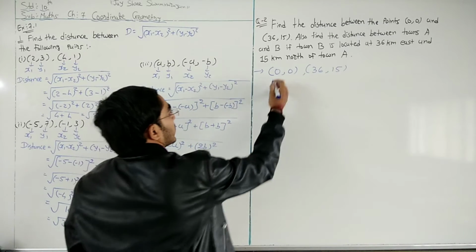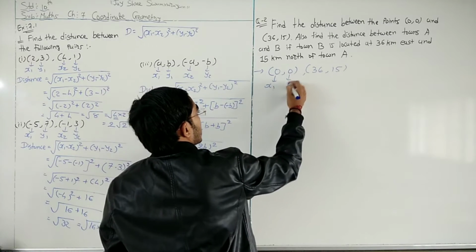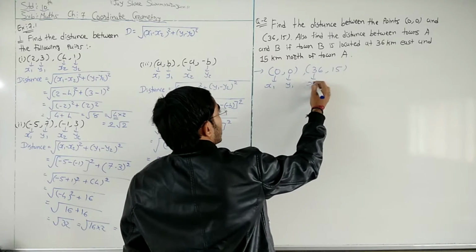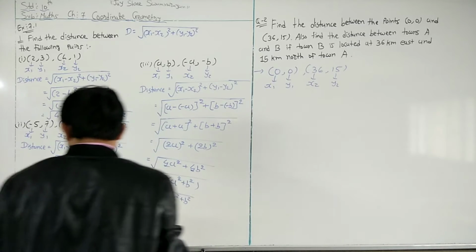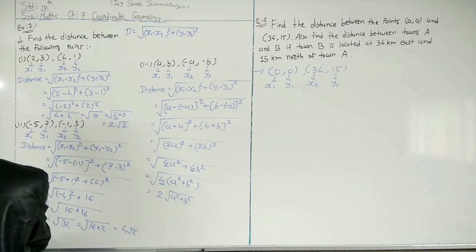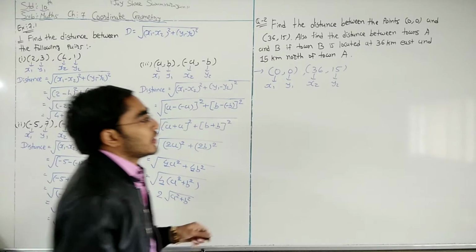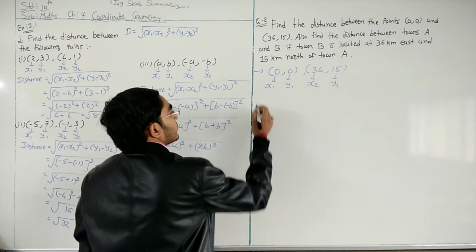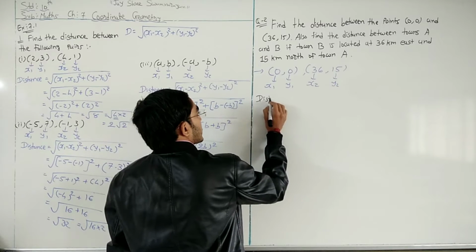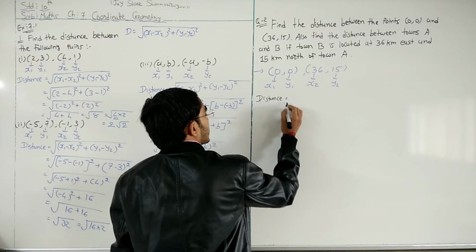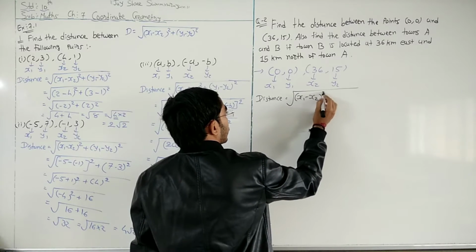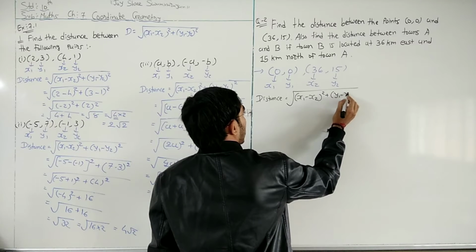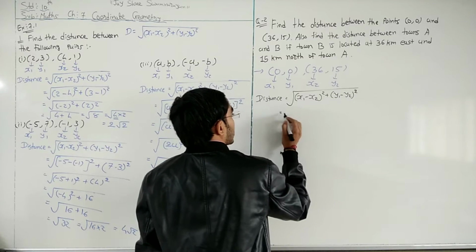Okay, so this is x1, y1. Here x2 and y2. So use the distance formula. Distance equals the square root of x1 minus x2 all square plus y1 minus y2 all square.